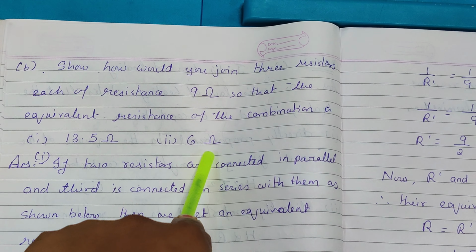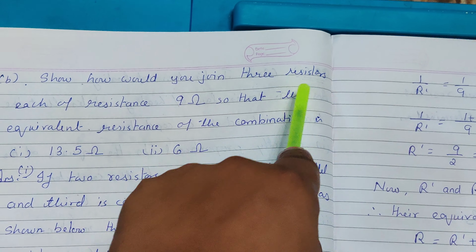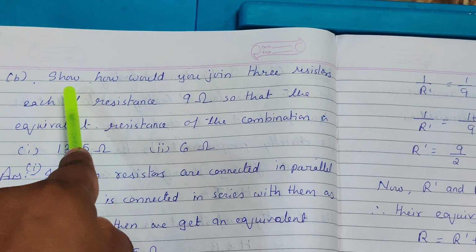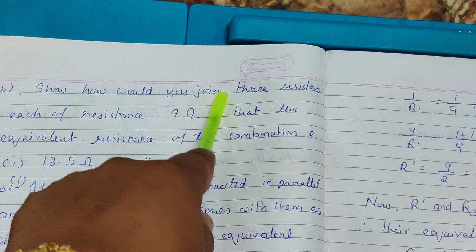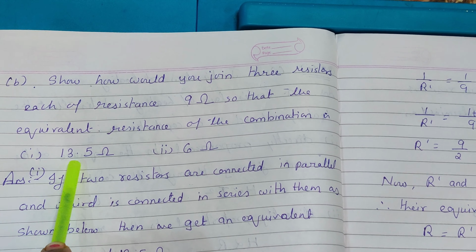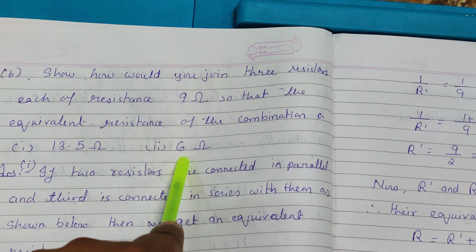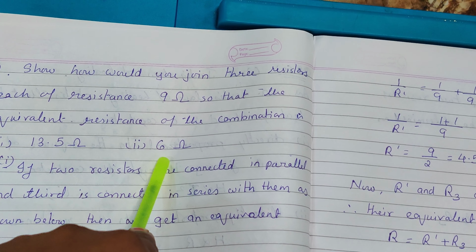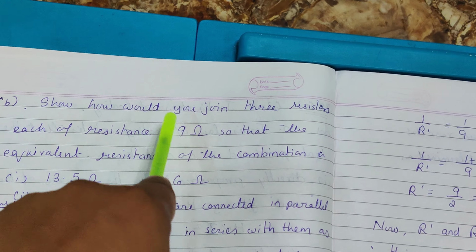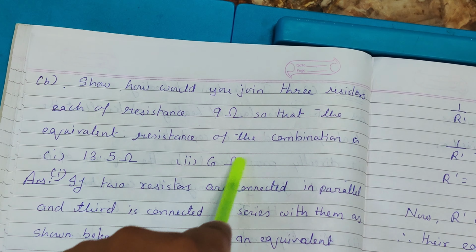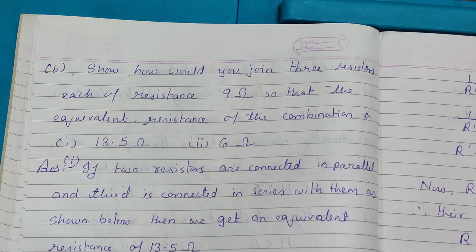There are 3 resistors having the same value, 9 ohm each. How will you combine these 3 resistors so that the total resistance comes to 13.5 ohm, and in the second combination the total resistance comes to 6 ohm?